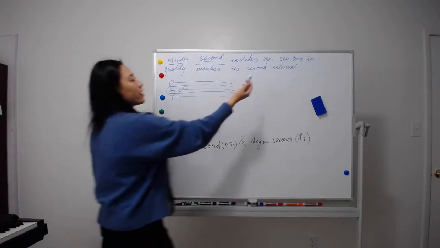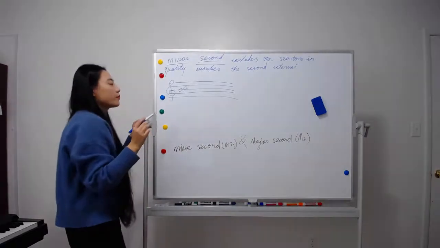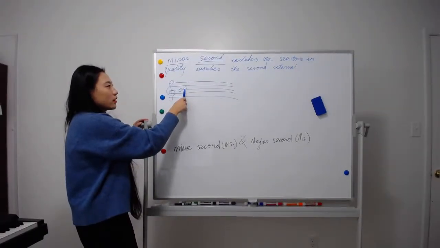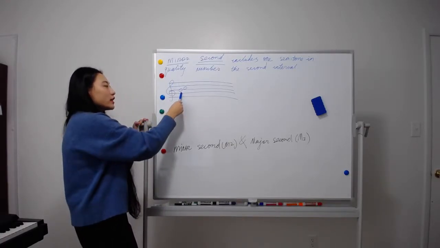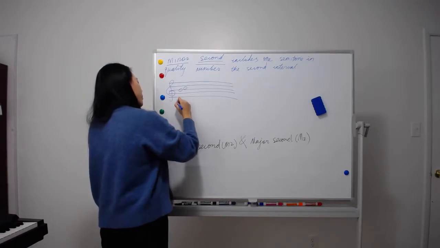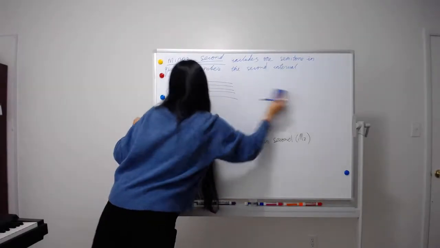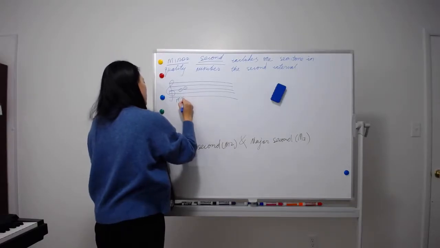See, the definition is 1 semitone in this interval. Let's see, B to C is a semitone, right? So this interval is called minor second. Minor second.